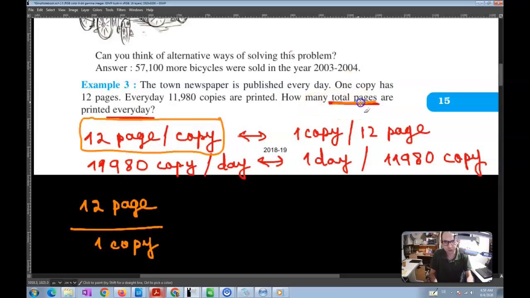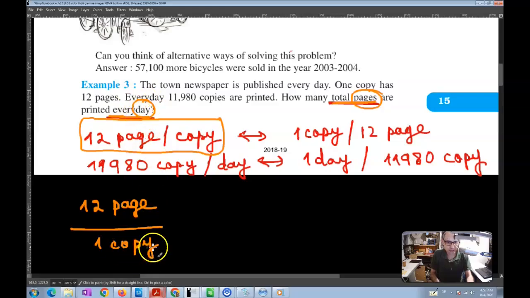You're looking for the total number of pages every day, meaning the day has to be there, and the number of pages also has to be there. Over here, as you can see, the page is there, right?